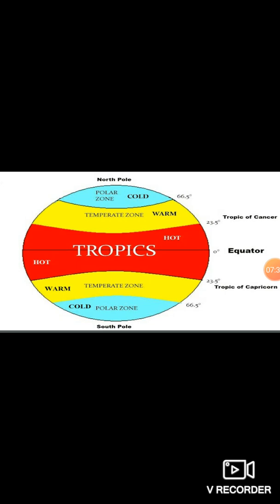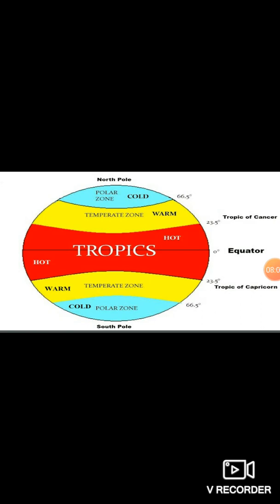Yes, torrid zone, temperate zone and frigid zone. You can observe the picture and watch the different shades given there. The center part, you can see the reddish colored area, that is the torrid zone.